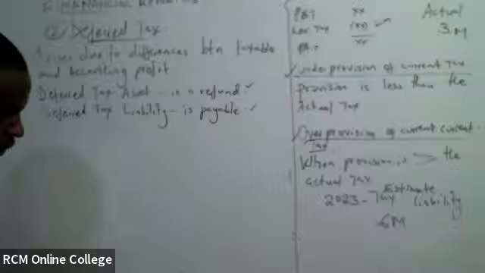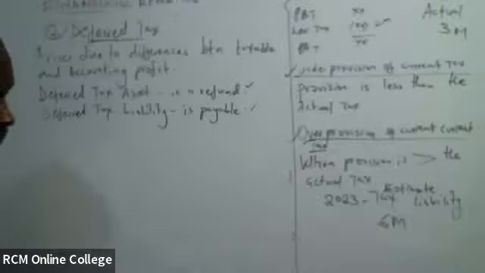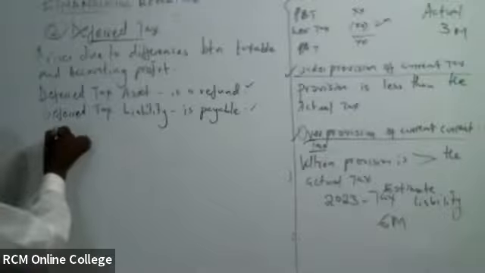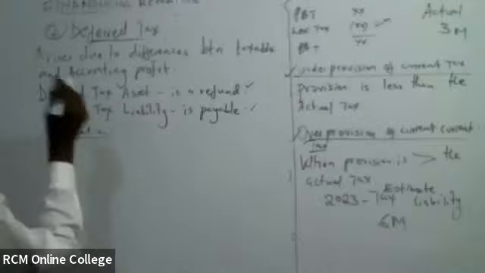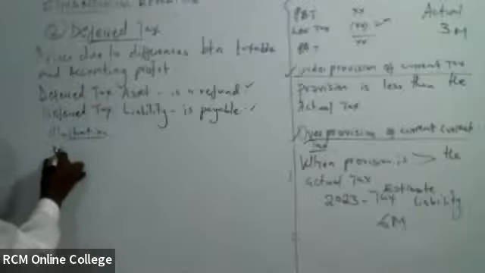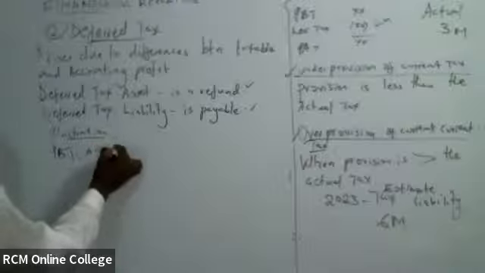So with that, I think we can have a simple illustration, just a simple one. Let's try to have this illustration a little here. If we have the profit before tax, this is accounting profit.